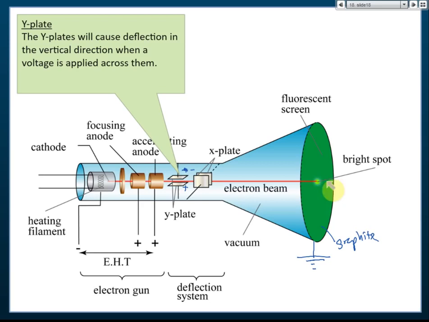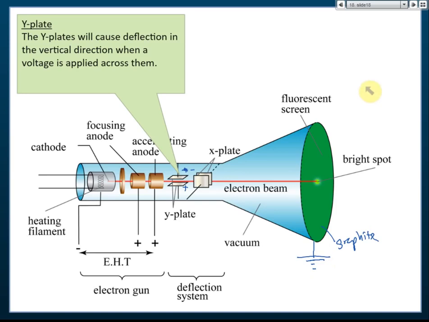This is to remove the electrons from the screen, because we don't want a negatively charged screen, since it will repel electrons. So we have graphite on the screen to conduct the electricity so that the electrons can go to the earth.